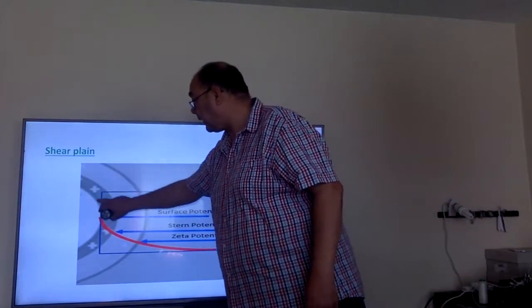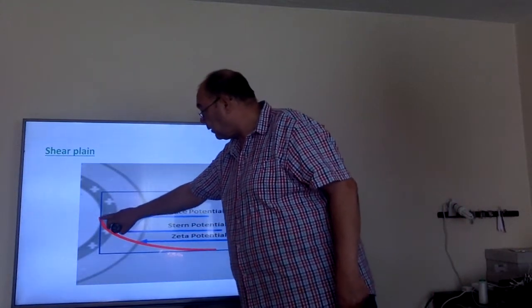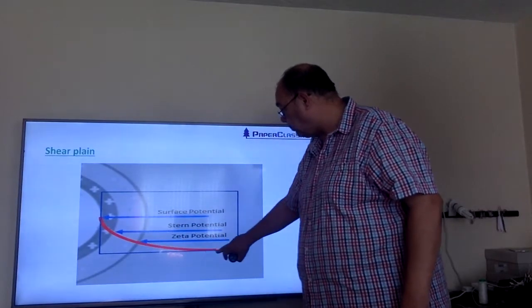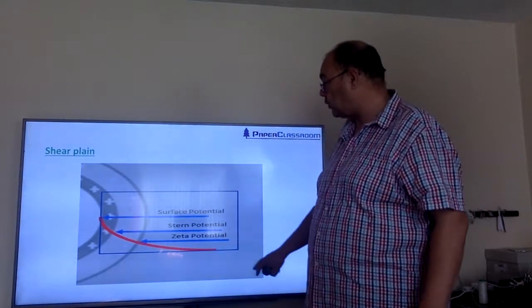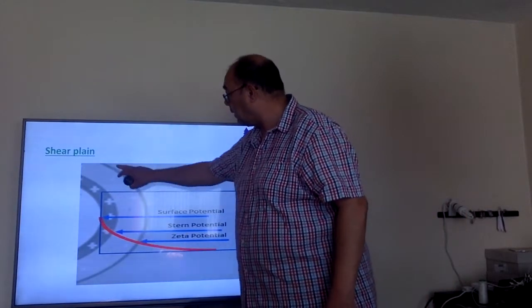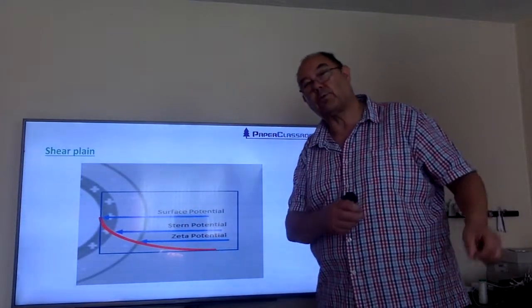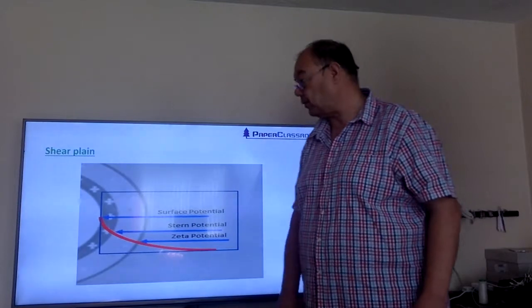So this has a very negative charge, maybe minus 30 millivolts, and you've got positives and the negatives. As you move away until you get out into the bulk of the solution, that will be 0 millivolts where you've no charge. The point at which this shear plane breaks away and the sphere stops travelling, this is what we call the zeta potential.